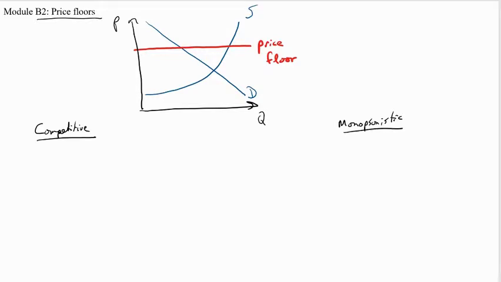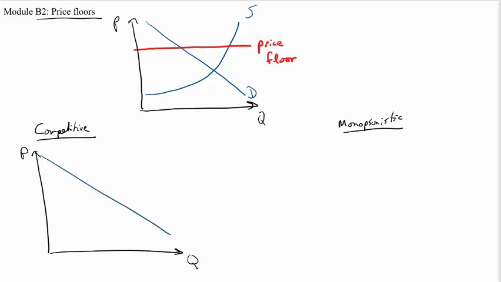To begin with a competitive market structure, we'll start with our framework, price and quantity, downward sloping demand curve, upward sloping supply curve, and we'll add a price floor.